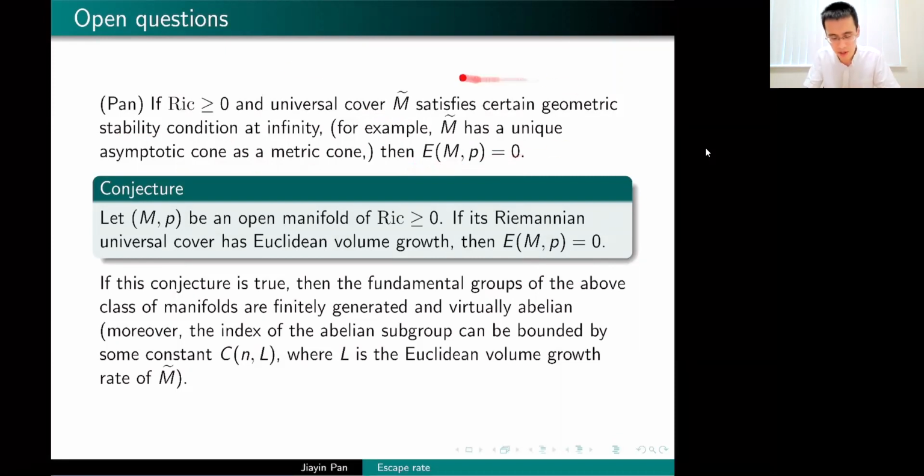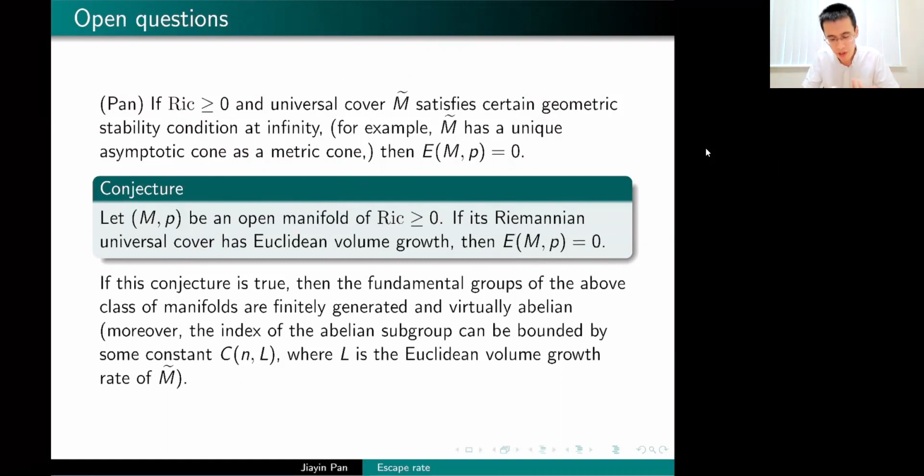This is another long story if you want to explain why this is true, but here I'm just listing it without going into the details, all right? Then the conjecture here says this should be true if we just assume the universal cover has Euclidean volume growth.